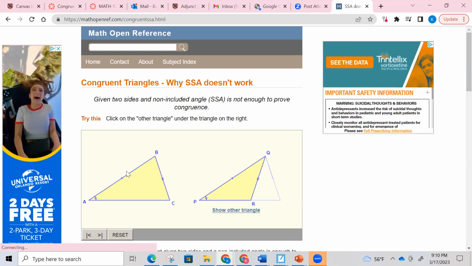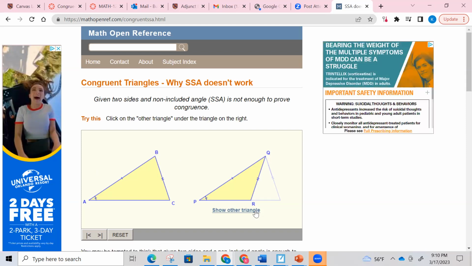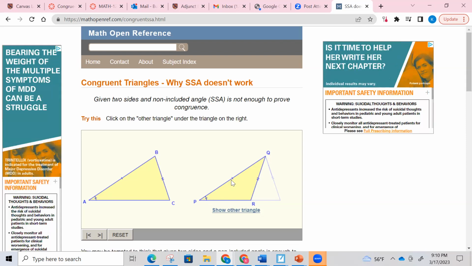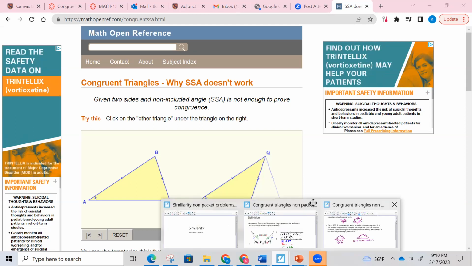And I get 2 different triangles, but I still have angle A congruent to angle P, AB congruent to PQ, and BC congruent to QR. And so just knowing that information being congruent is not enough to prove them, because I can actually get 2 different triangles, one that is congruent and one that's not. And that's why we say that one does not work to prove that they're congruent.